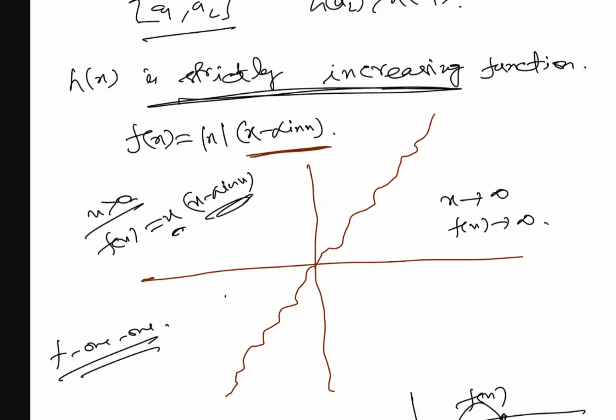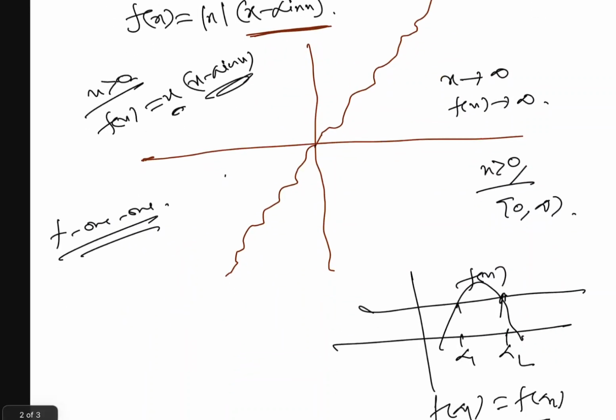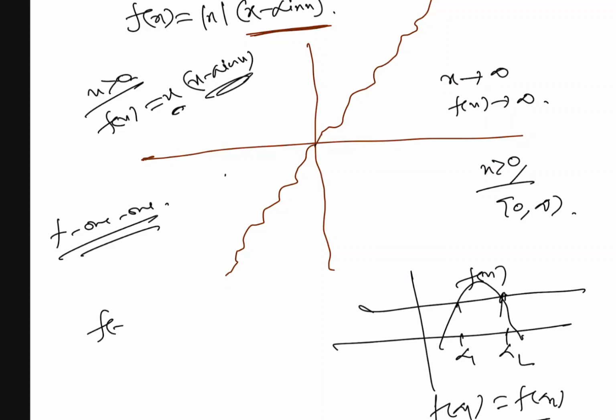So the range set for this positive part, that is for the domain x greater than 0, will be 0 to infinity. At x equal to 0, the function will be 0. And we already told you that f x is an odd function, that is f of minus x equals minus f x.